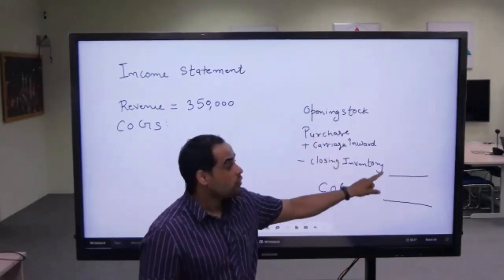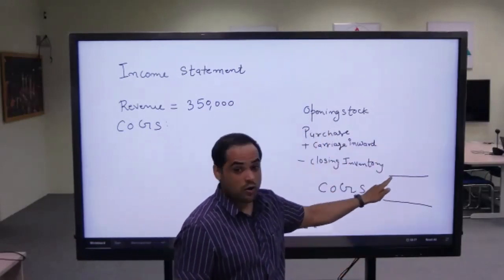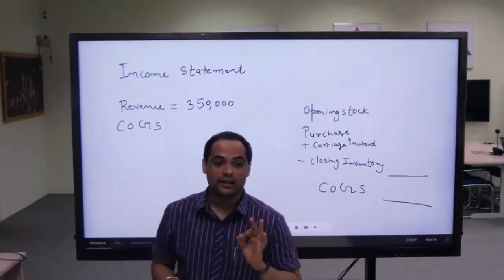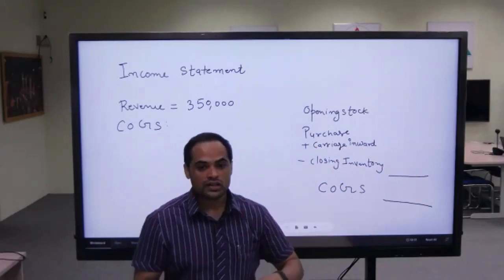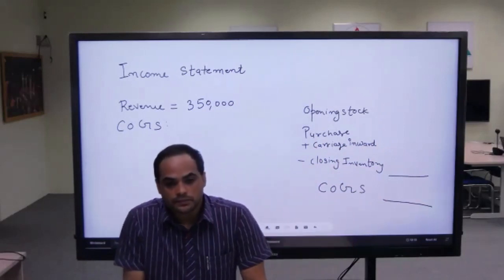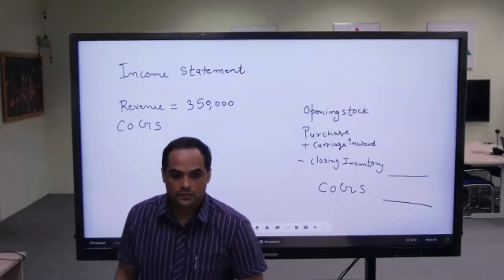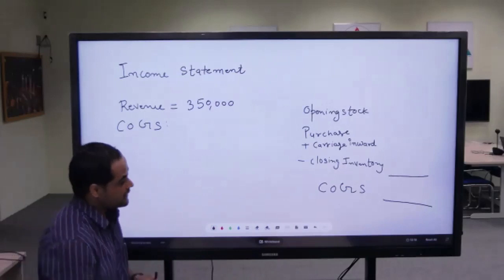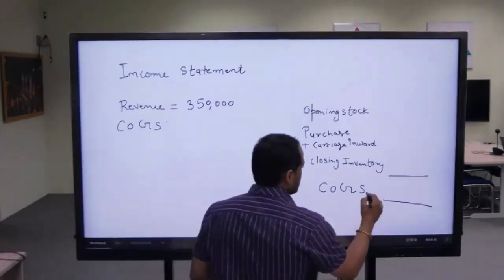I'm not going to tell you how much. You tell me what is cost of goods sold right now, quickly, within 1 minute. Tell me what is your cost of goods sold. 158,000. That's right.